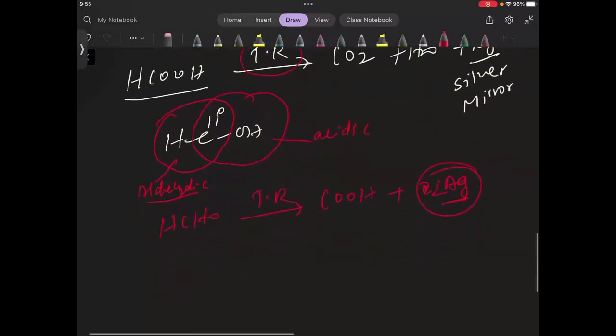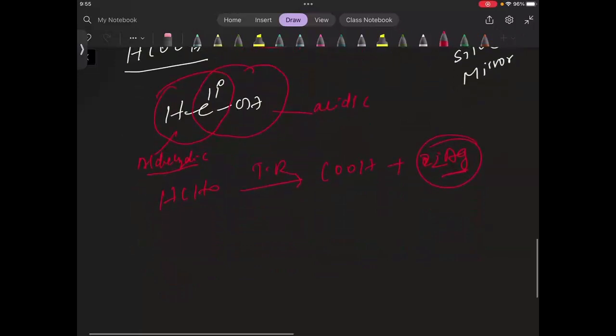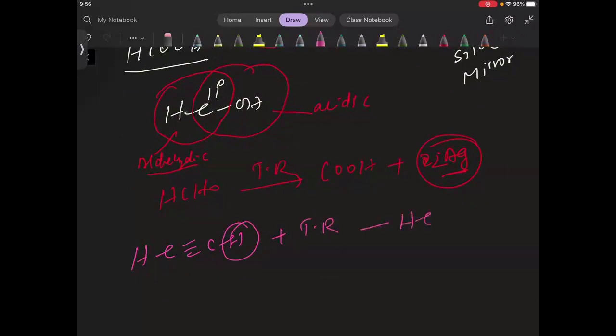Okay. Now what I am telling you is that alkynes also react with Tollens reagent, but will not give the silver mirror test. Because an alkyne contains acidic hydrogen, see here, HC triple bond CH, it has acidic hydrogens. So when it reacts with the Tollens reagent, it will give HC triple bond C negative Ag plus.